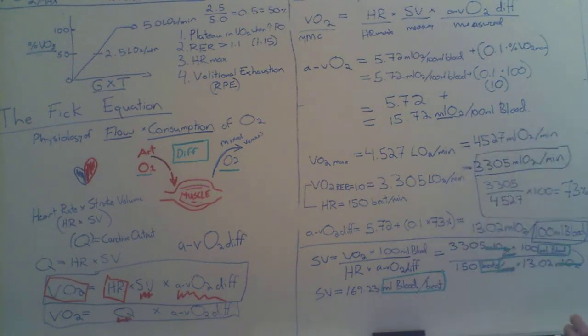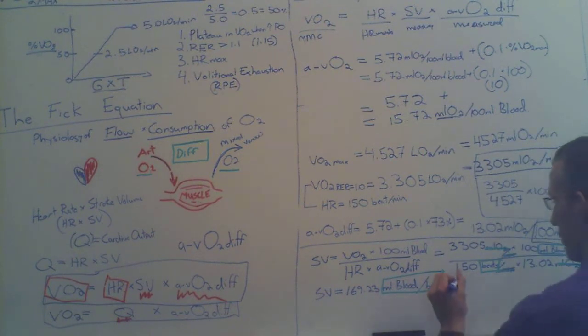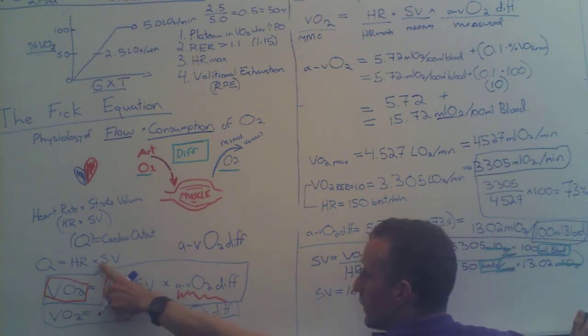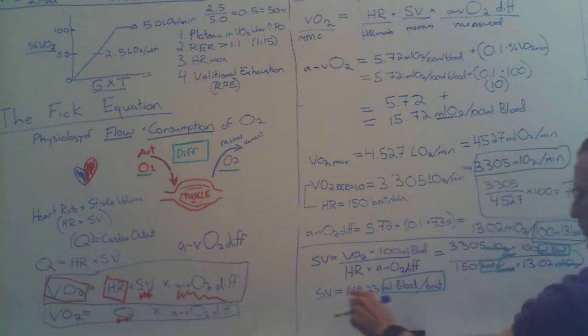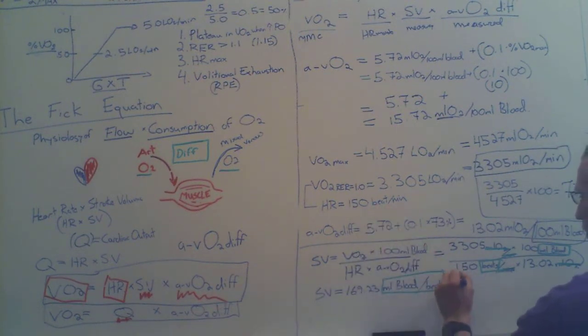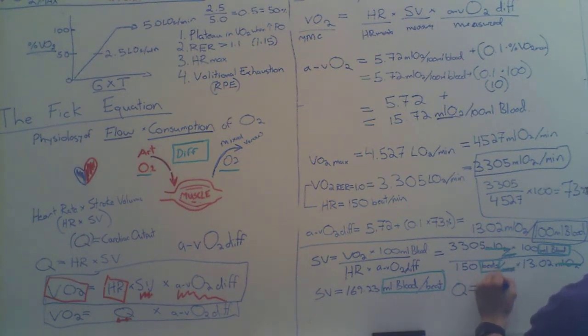The last thing we can do is calculate cardiac output. So Q, cardiac output, is equal to heart rate times stroke volume. There's our stroke volume, and there's our heart rate. So Q is equal to 150 beats per minute times 169.23 mils of blood per beat.